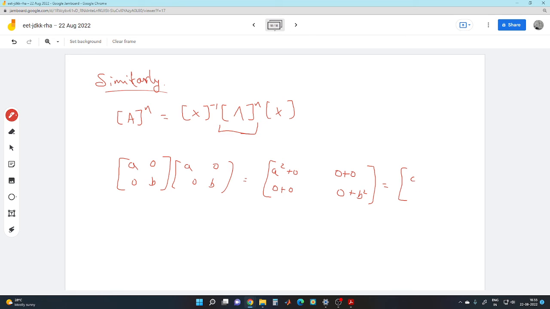So this becomes finally a square, 0, 0, b square. For any diagonal matrix, the square is basically the square of its elements. So lambda raised to power n can be simply expressed as lambda 1 raised to power n, lambda 2 raised to power n, up to lambda n raised to power n.